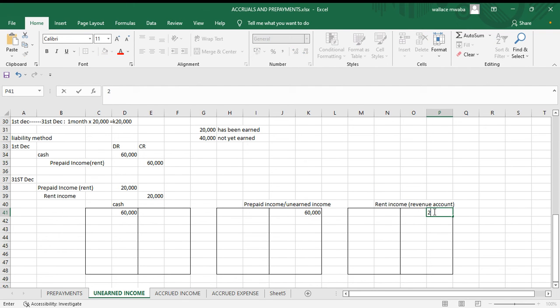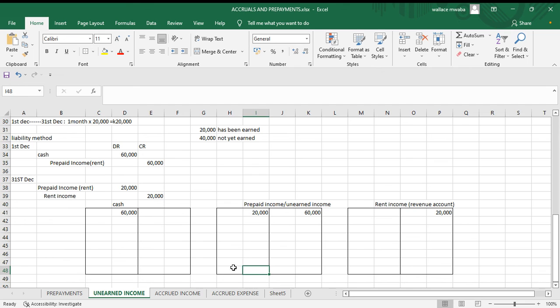Remember, an increase in revenue is credited. Then we'll debit the prepaid income, because a decrease in a liability is debited. So we're saying our liability has decreased by 20,000.